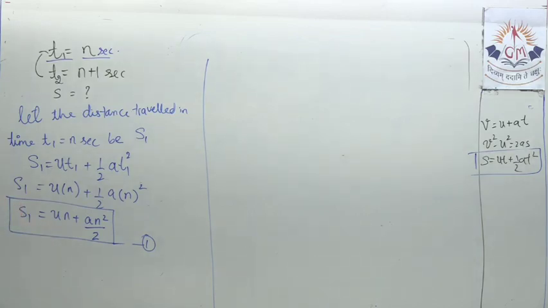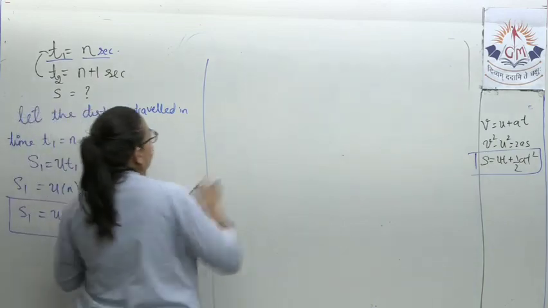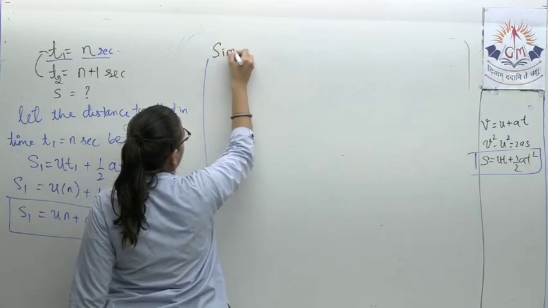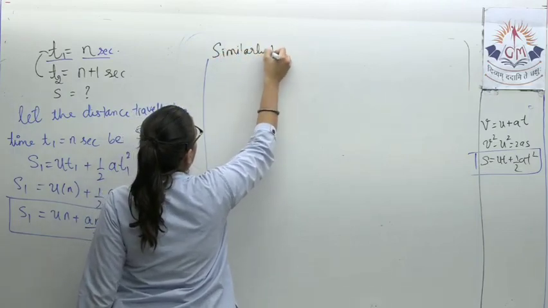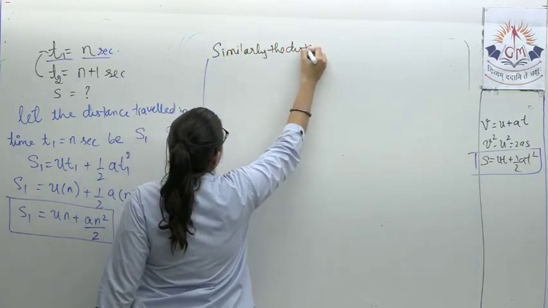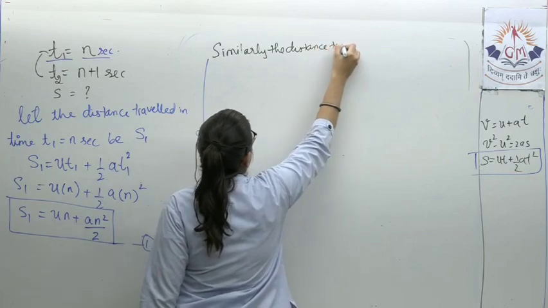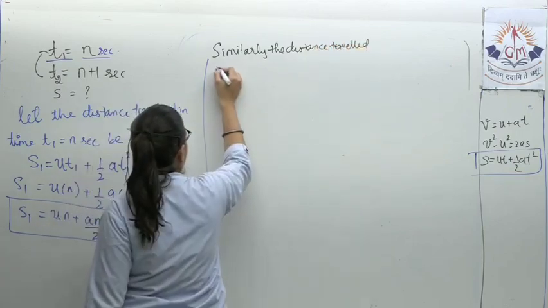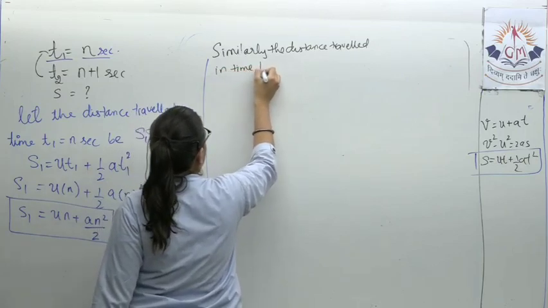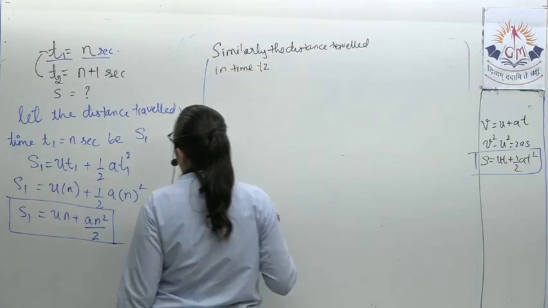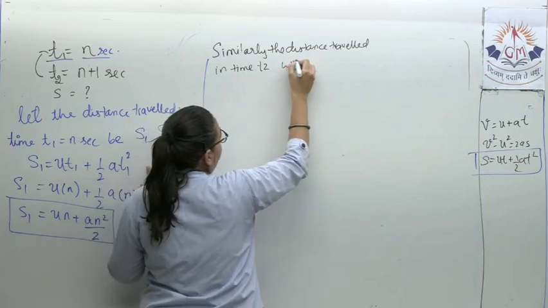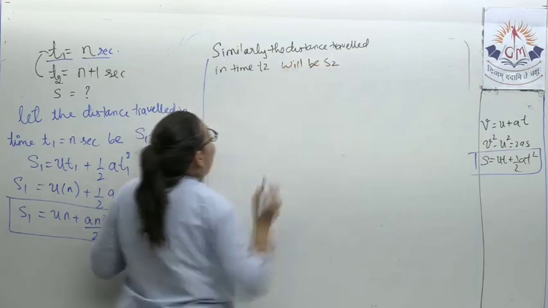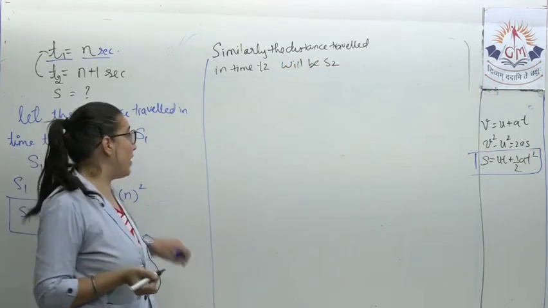Similarly, the distance traveled in time t2 will be s2, and what will be the value of s2?